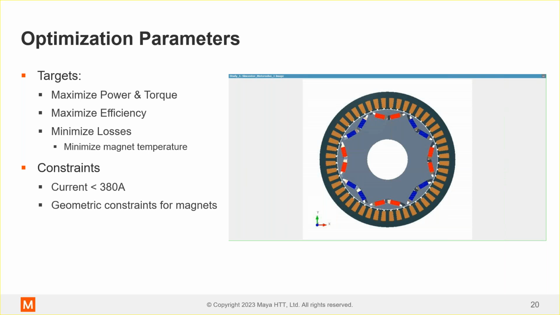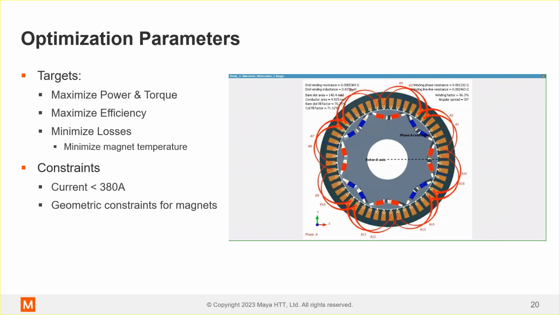So, as we mentioned earlier, we're targeting a couple things. We're targeting increased power and torque coming out of the machine. We want to make sure the efficiency is as good as possible, which implies that we're minimizing the losses. And particularly, we want to minimize the magnet temperatures to protect those magnets from demagnetization.